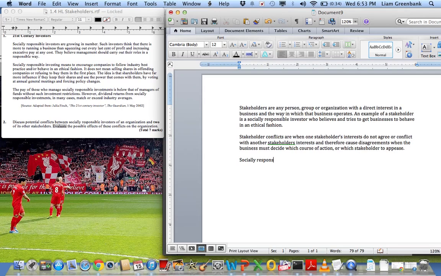Socially responsible investors are interested in seeing a business behave in an ethical fashion that takes responsibility for their actions and the impact of these actions on the environment or communities.